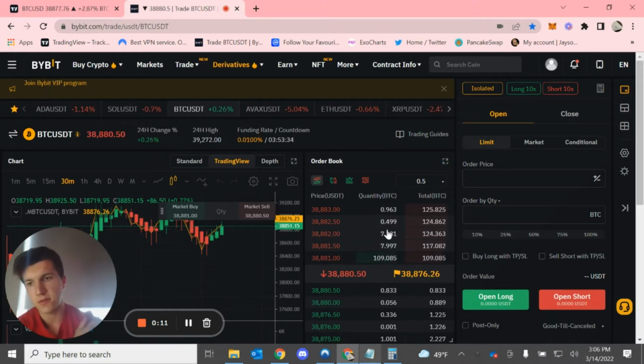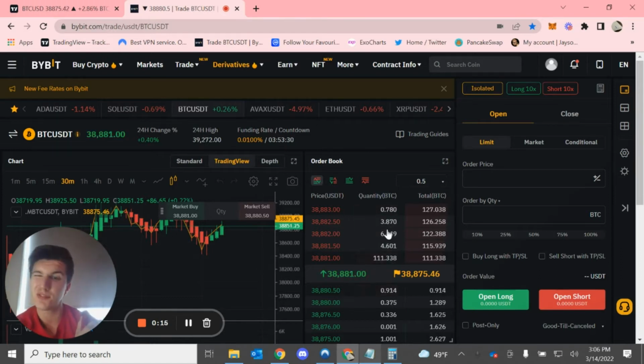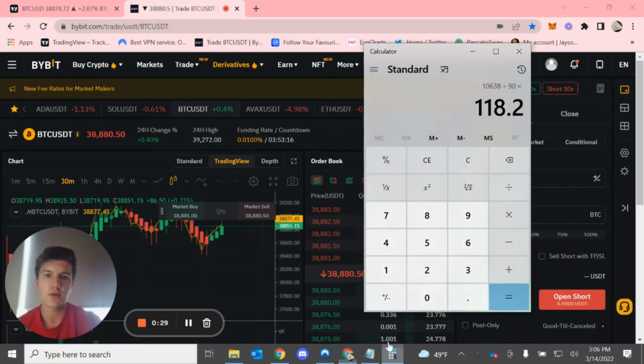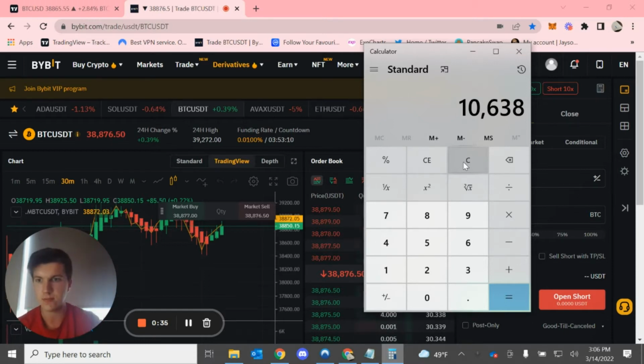There are liquidation fees involved. I think it's like 0.5% of the margin, which is really extra fees. And I don't recommend getting liquidated because it just eats up your trading account. So we are going to go back to our position size, the one we calculated earlier.